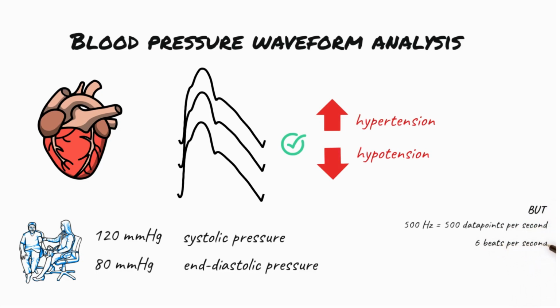From each beat, we are using two values, the systolic and the diastolic pressure. 2 multiplied by 6 is 12. So in total, we are looking at 12 data points out of the 500 that we recorded, not using the other 488. So a lot of information about the waveforms is being lost. Information about the shape of the blood pressure waveform, but also about the variability of your waveform is lost. And this is where in-depth waveform analysis could enhance our understanding of drug safety.